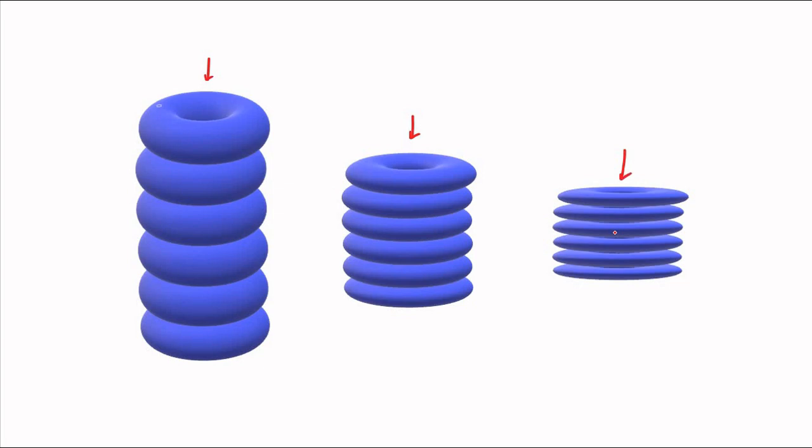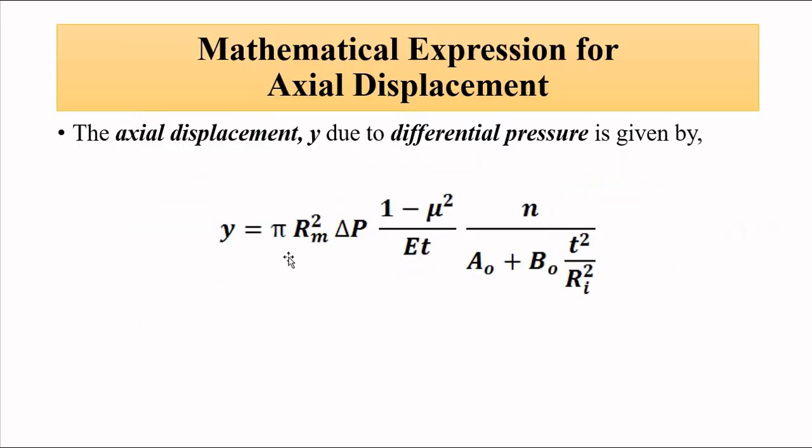Everything happens along the y-axis. If it is placed along the x-axis, it will happen along the x-axis. So this axial displacement along the y-axis is due to the pressure difference between the inside and the outside, the differential pressure, that is delta P, external minus internal, depending upon which one is higher and which one is lower.